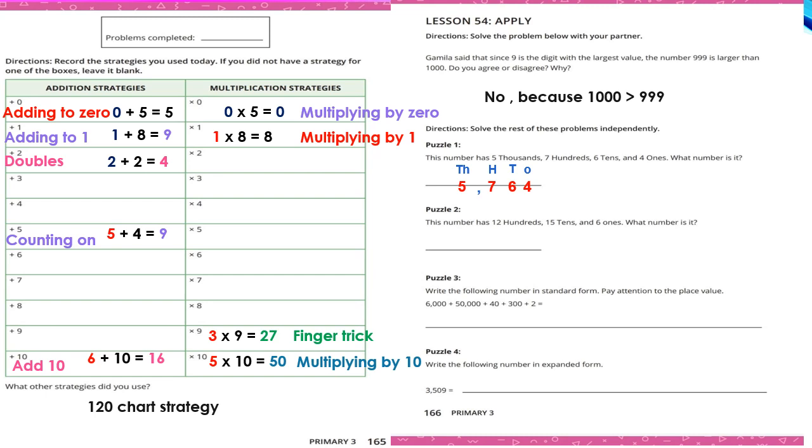Puzzle 2. This number has 12 hundreds, 15 tens, and 6 ones. What number is it? What shall we do here? Is this like the previous example? No. Why?